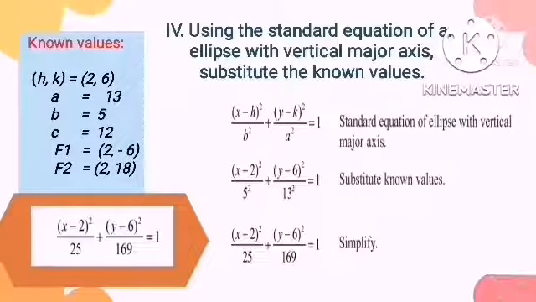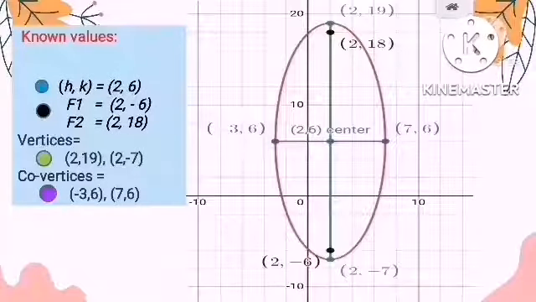The quantity of x minus 2 squared over 25 plus the quantity of y minus 6 squared over 169 equals 1 is the standard form, or the standard equation, of an ellipse with vertical major axis that is not centered at the origin. And since we already know the values needed in this graph, we can graph this equation now.